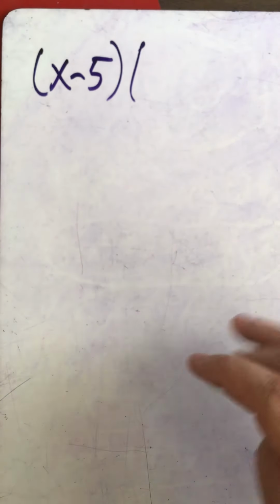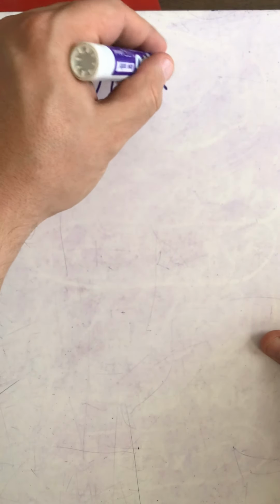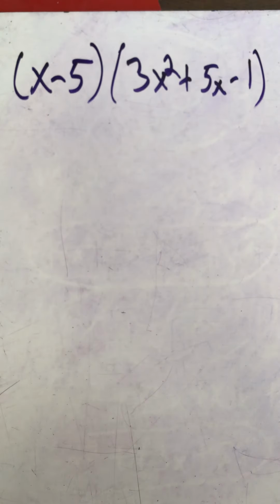We are going to take a binomial, x minus 5, times a trinomial, 3x squared plus 5x minus 1. So take a second and think.